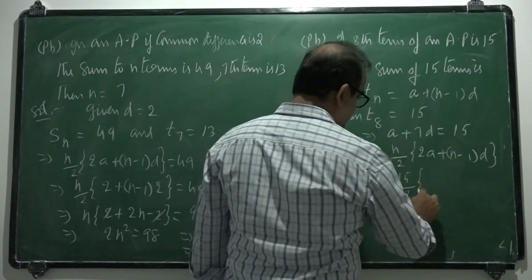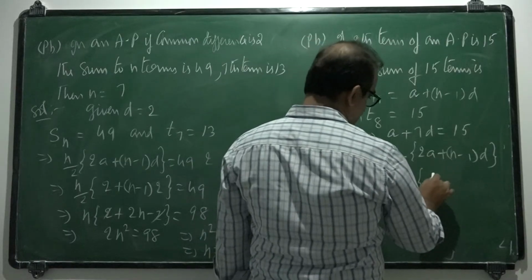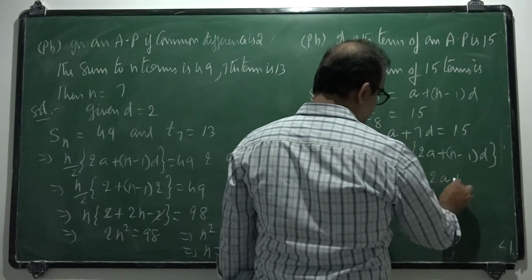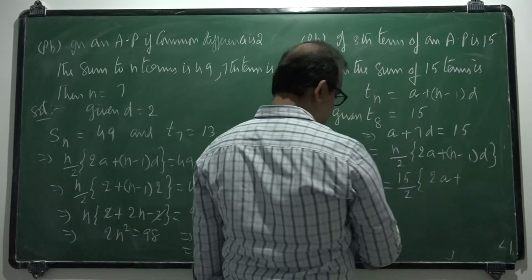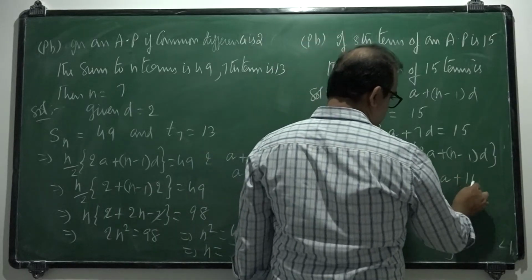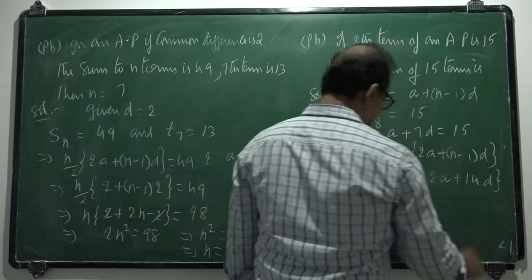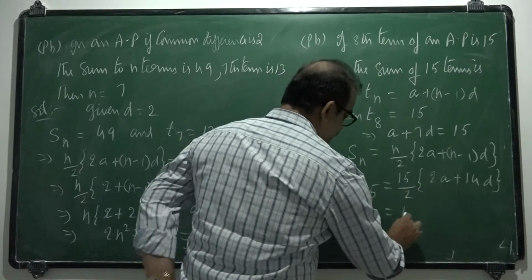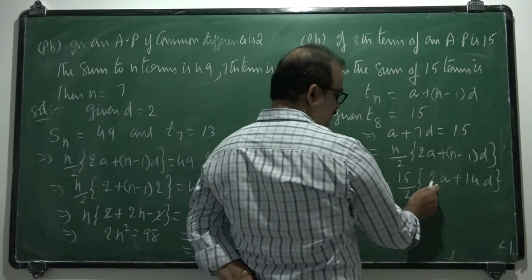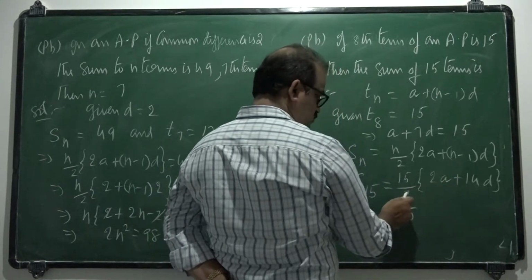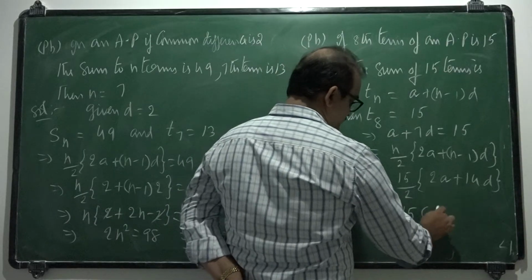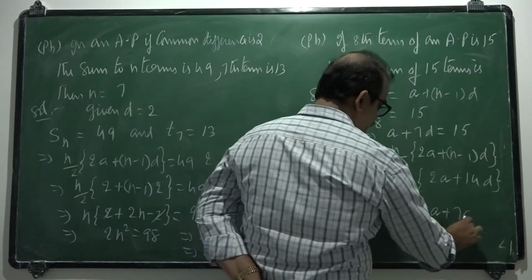15 by 2 into 2a plus n minus 1, n is 15, 15 minus 1, 14 into d. This is 15 into, take 2 common from this bracket, the 2 and 2 cancel, we get a plus 7 into d.